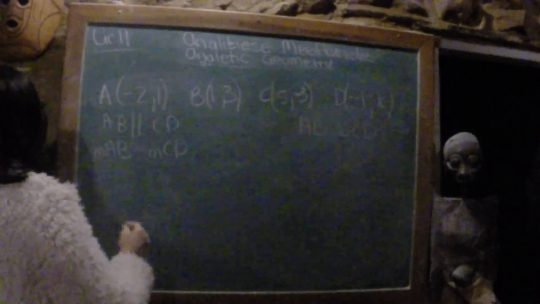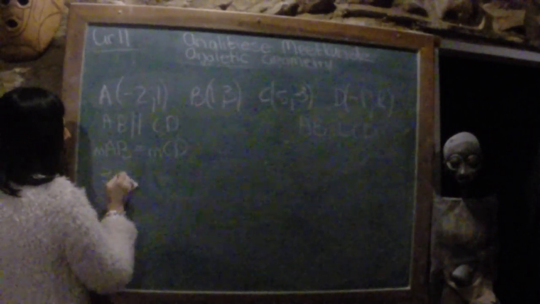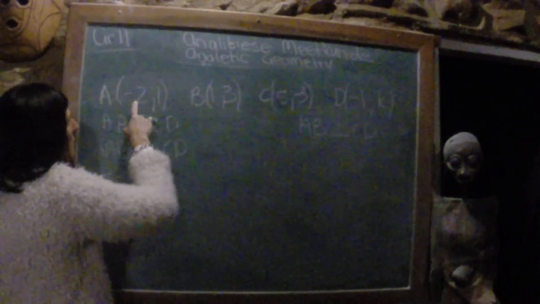So the gradient of AB is going to be change in Y, 3 minus 1, over the change in X, 1 minus minus 2.